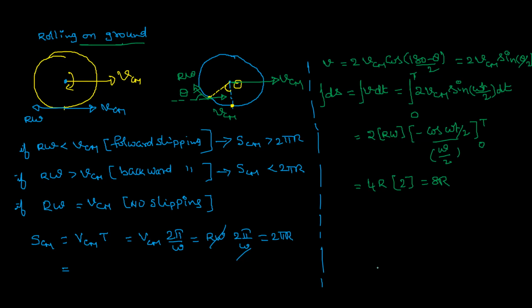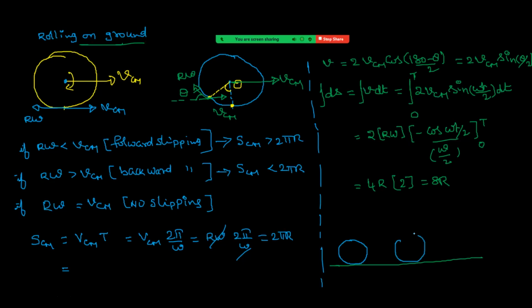Okay, we can see the diagram once here. So first it is somewhere here. During the entire motion, the center of mass will be at the same height. No change in that. And the center of mass follows a straight line path.